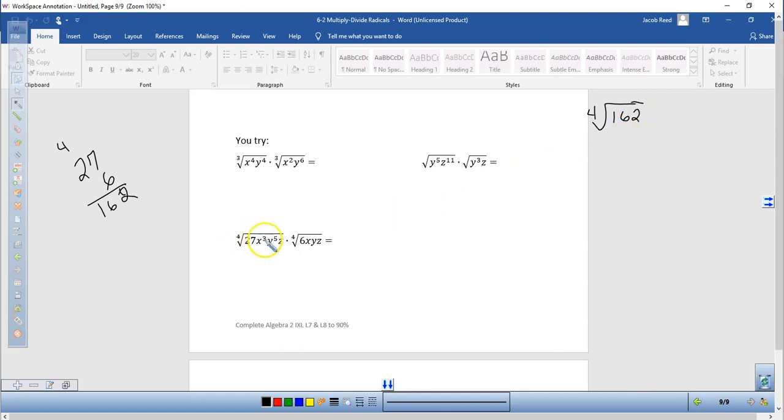Alright, variables, 3 and 1. That's 4. 5 and 1 is 6. 1 and 1 is 2.